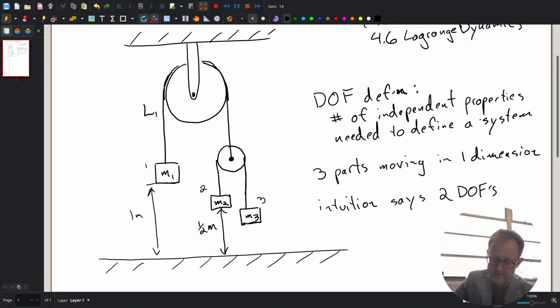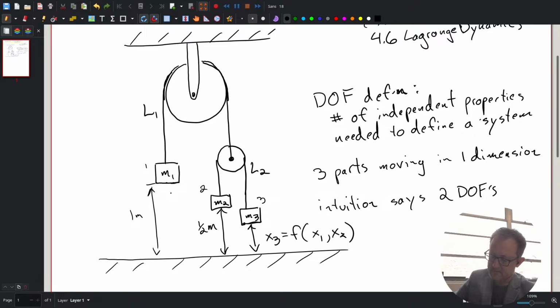So if I say that this is L1 and this is L2, then I can work my way around that cord and figure out that position 3 has to be a function of those other 2. I could have chosen x3 as my independent coordinate, or I could have chosen... The one thing that I can't do is use 2 dependent coordinates.